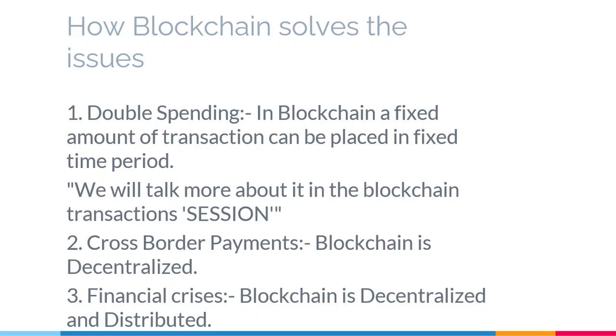Third is cross-border payments. Blockchains like Ripple and Stellar are created for fast and secure transactions. And yes, as I mentioned above, blockchain is decentralized, so no single entity is having full control. This solves the issue of cross-border payments.